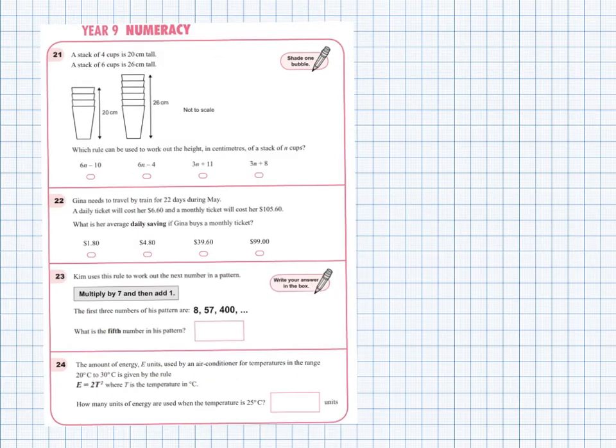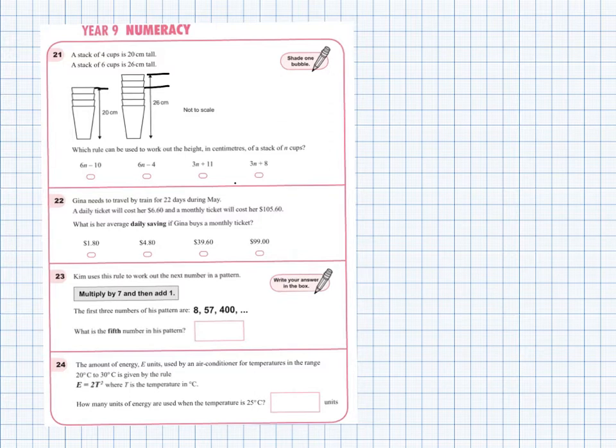Now we have a stack of 4 cups, and it says it's 20 centimeters tall. A stack of 6 cups is 26 centimeters tall. So up to there is 20, and then it's 26 when we put 2 more cups together.